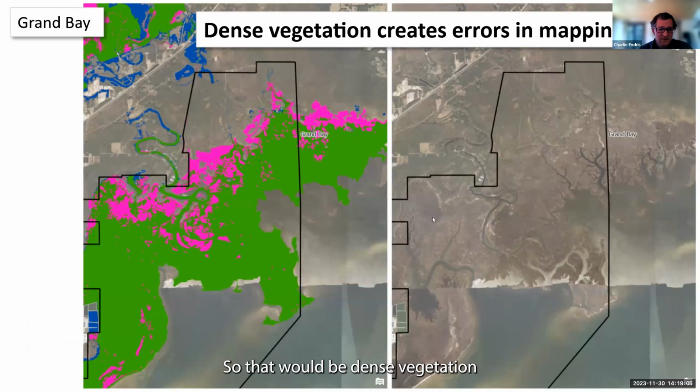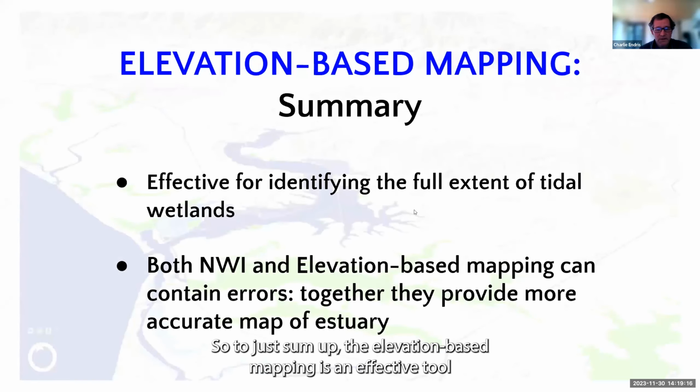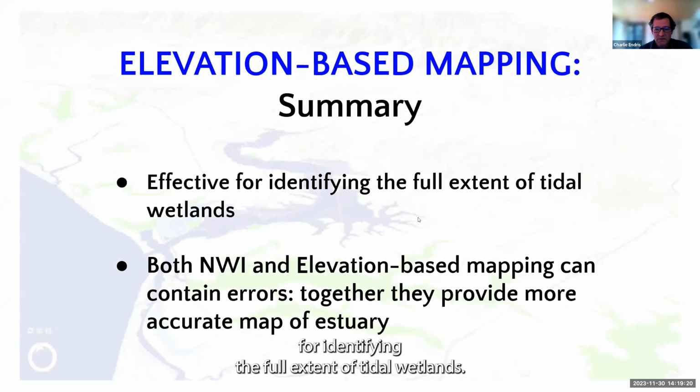So that would be dense vegetation, such as black needle rush, intercepting that LIDAR signal and causing some limitations in our elevation-based mapping. So to just sum up, the elevation-based mapping is an effective tool for identifying the full extent of tidal wetlands, but both NWI and elevation-based mapping can contain errors, as I showed you, but together they do provide a more accurate map of the estuary.